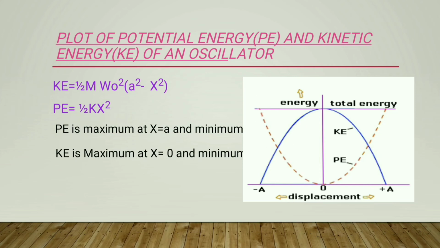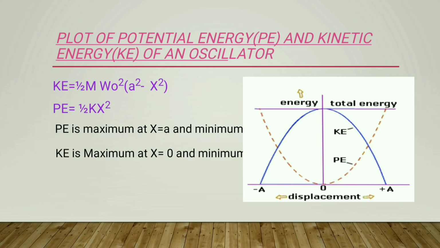This is the potential energy curve, and this curve is symmetric with respect to the energy axis. At the mean position, the parabolic curve is 0. It means that potential energy will be 0 at the mean position, and at the maximum, x will be equal to a.